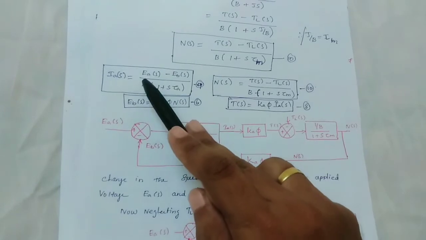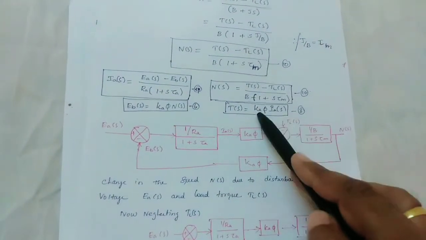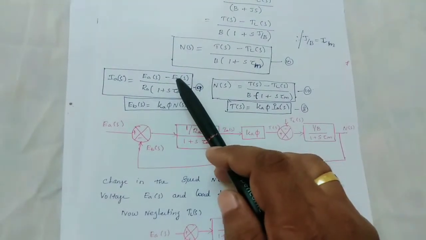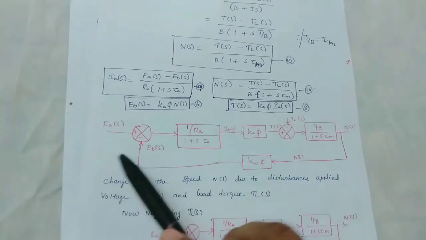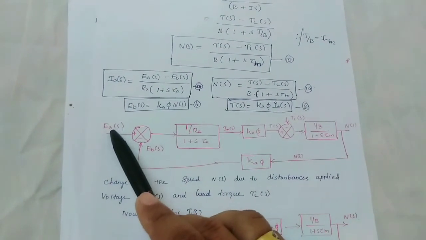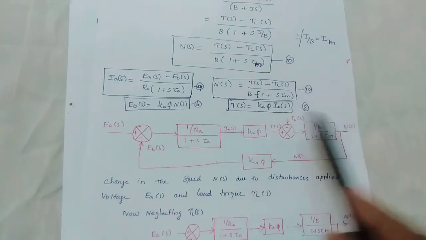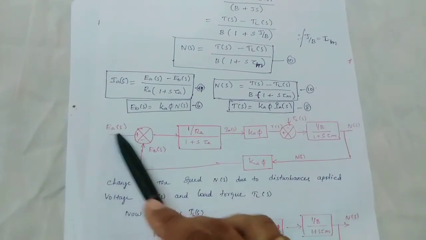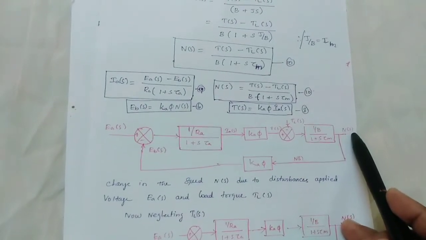These are the terms that should be present while we are considering motor and load systems. From this diagram, very simply, the input supply EA of s is given and the speed N of s is taken as output.